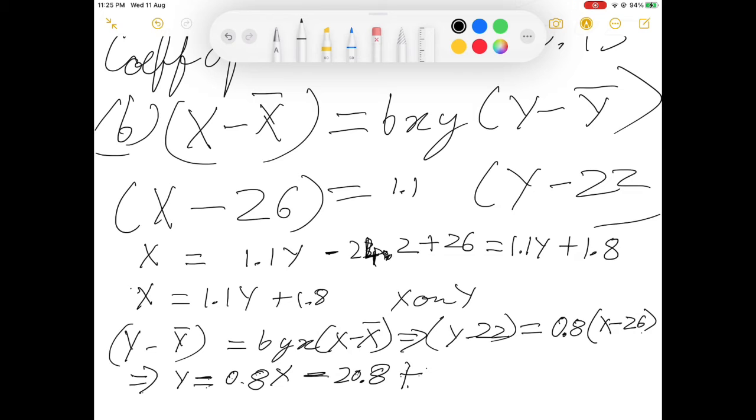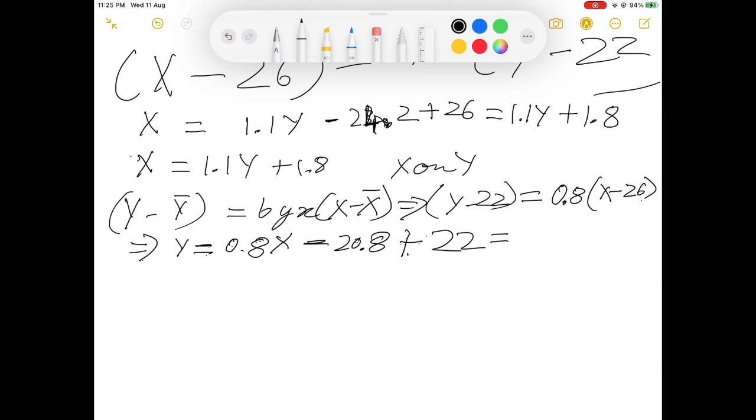Okay, so let's write now. This comes to 0.8x plus 22 minus 20.8 gives me 1.2. 0.8x plus 1.2.